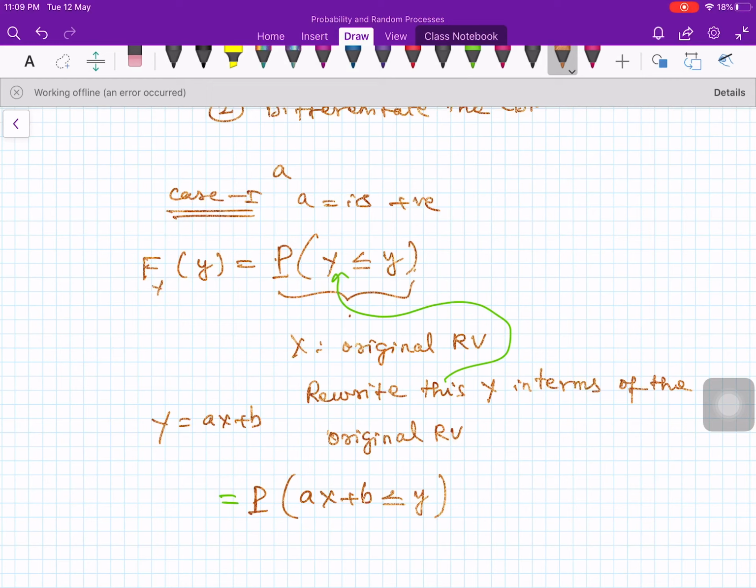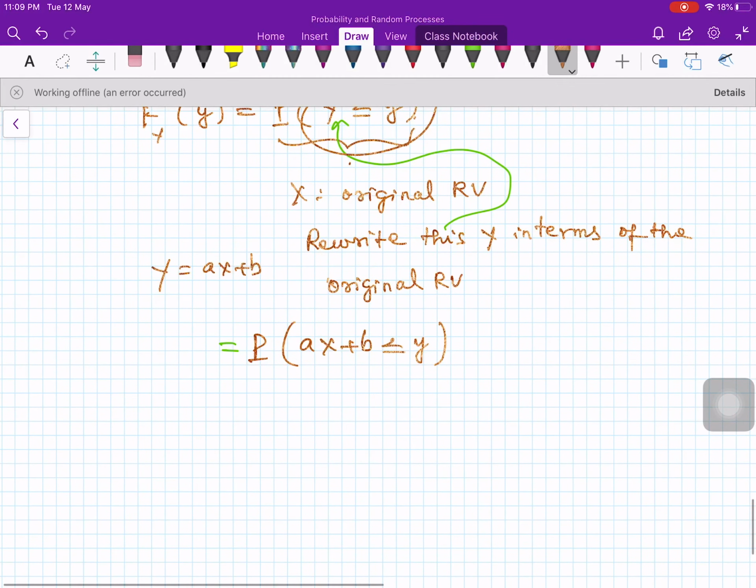So we are looking at this event, and we want to express that event in a clean form where x shows up straight away. So if I rewrite this, then I'm going to massage this event and write it in the following form.